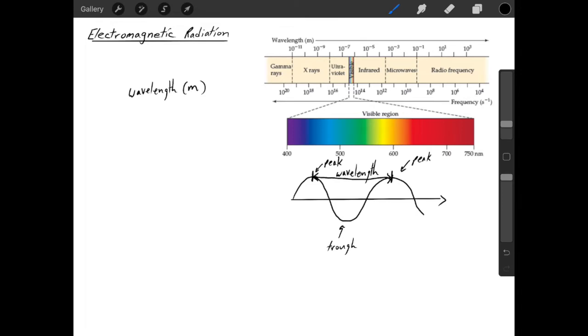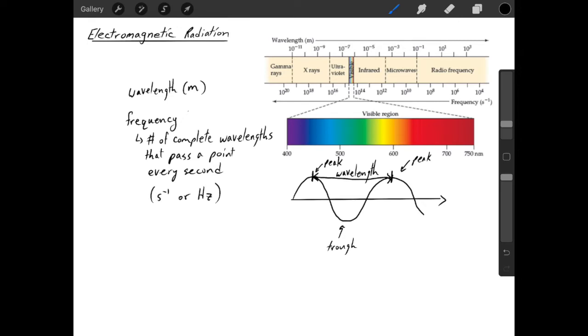And the other property of radiation that we typically measure is frequency, which is the number of complete wavelengths that go through a point every second. And frequency is measured in seconds to the -1, so per second, or you can also use the unit of hertz, which is the same thing.